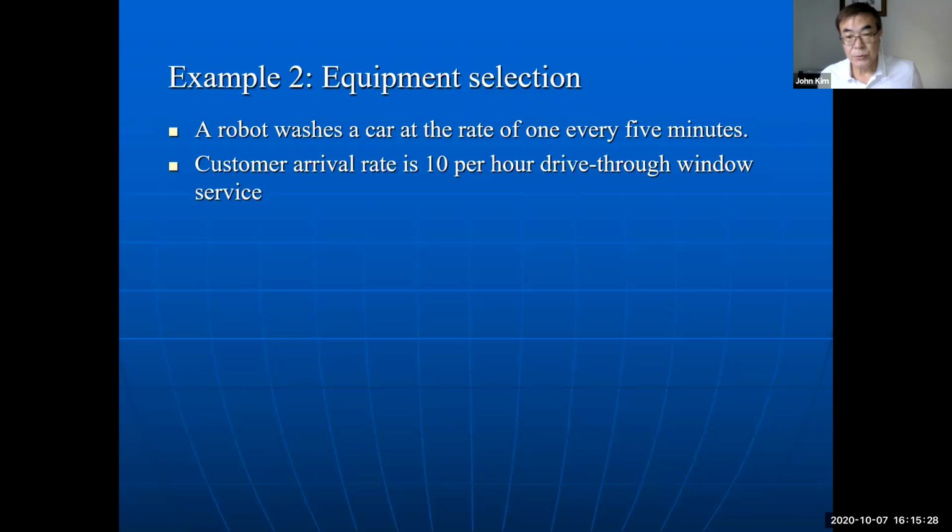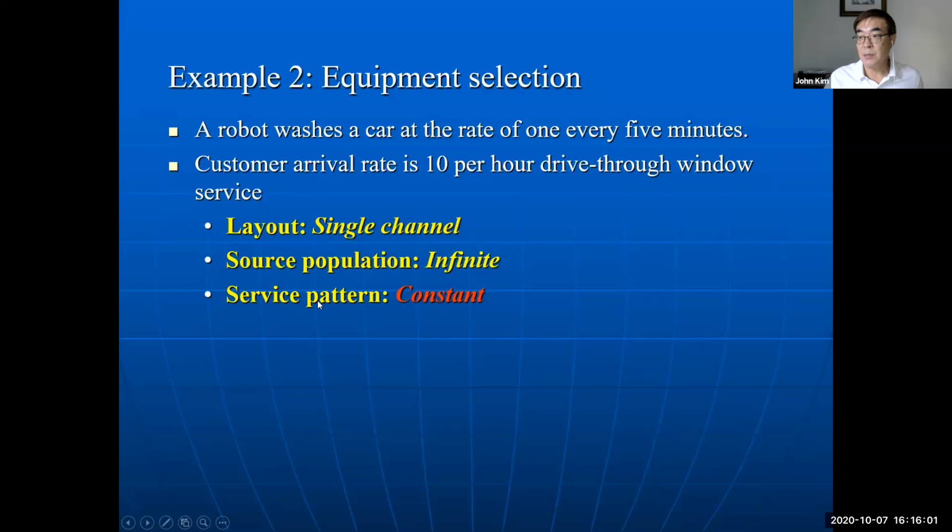Example number 2, equipment selection. A robot washes a car at the rate of 1 every 5 minutes. Customer arrival rate is 10 per hour through a drive-through window. Since the robot washes, we can assume the service time is constant.